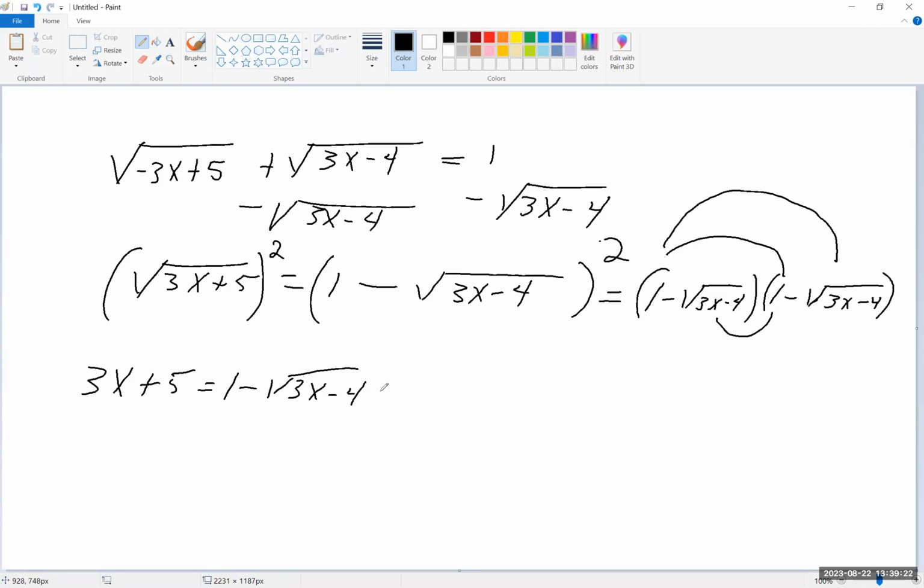Inner is minus root 3x minus 4. And then last, it's a negative times a negative, which makes a positive, and it's the square root of 3x minus 4 times the square root of 3x minus 4. So the square root of 3x minus 4 times the square root of 3x minus 4, I guess I'll write it.